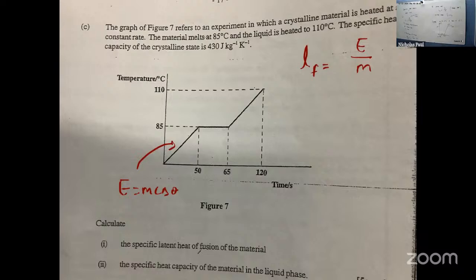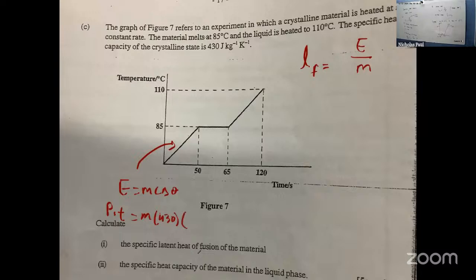That's why I said this question is physics, but a little more maths as well. So I wanted to show you something. We know that energy is power multiplied by time, correct? We don't know the mass, but then we know c. C is 430. What is the temperature change during the crystalline state?